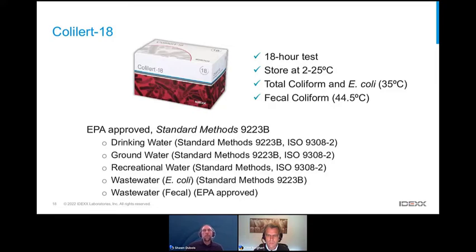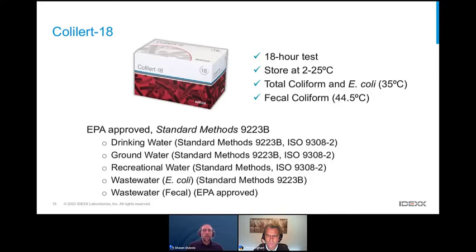Now, the way that Colilert and Colilert-18 work is basically, we have this reagent powder that has a bunch of different ingredients in it, grouped into nutrients and other things to help the bacteria recover. When we're talking about that lag phase, where they are repairing themselves to get ready for cellular division, all these nutrients are available in the media to help them get through that process.